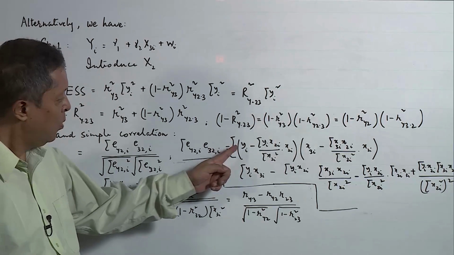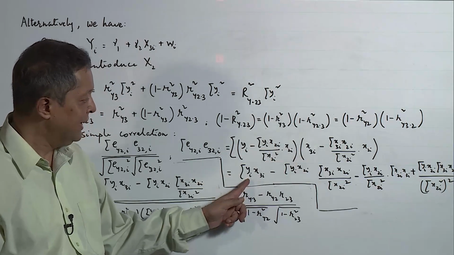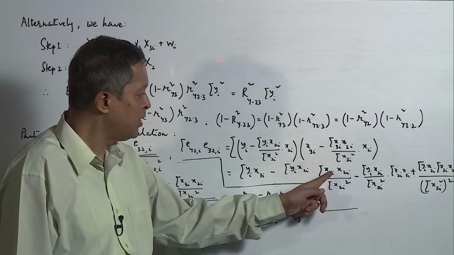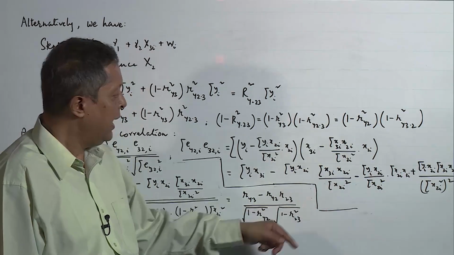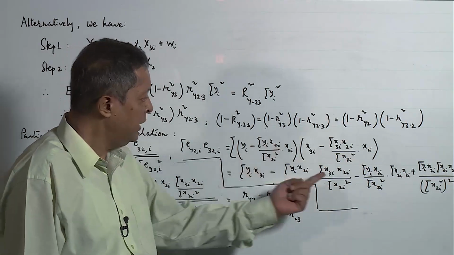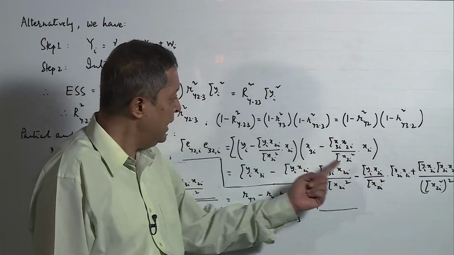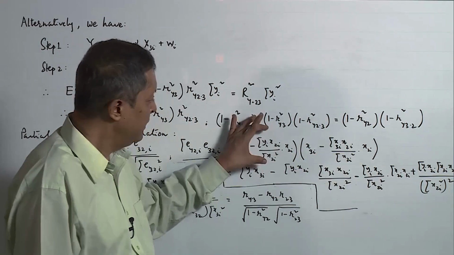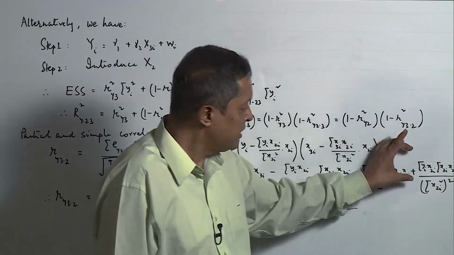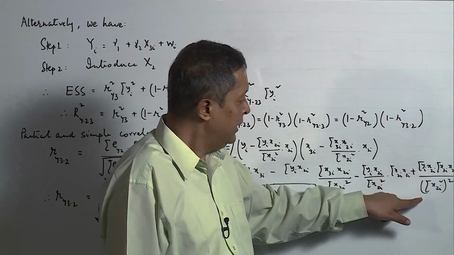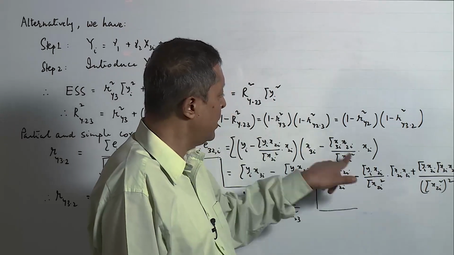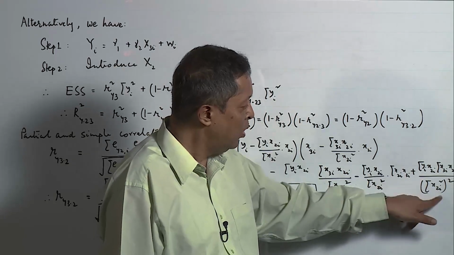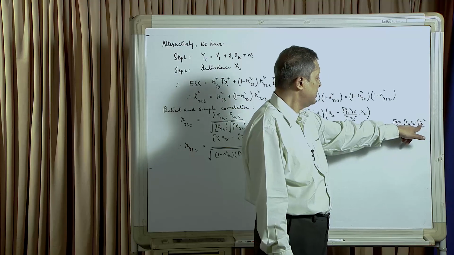If you multiply out, you get yi x3i, then yi x2i times x3 x2 divided by x2i square, and on the other hand yi x2i divided by x2i square into x2i x3i, and finally minus and minus gives us plus, and this term, summation yi x2i divided by x2i square, again summation yi x3i x2i divided by x2i square, gives us a whole square times x2i square.